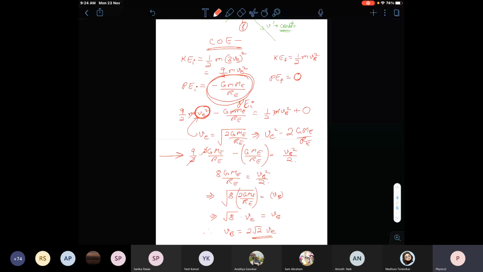This thing is representing your initial potential energy, not some formula, so I cannot just replace 2 over there. This formula will be replaced on V square only. I'm just replacing the value of V, escape velocity. I'm not replacing any other terms. Got this? So that is representing escape velocity, so that can be replaced.